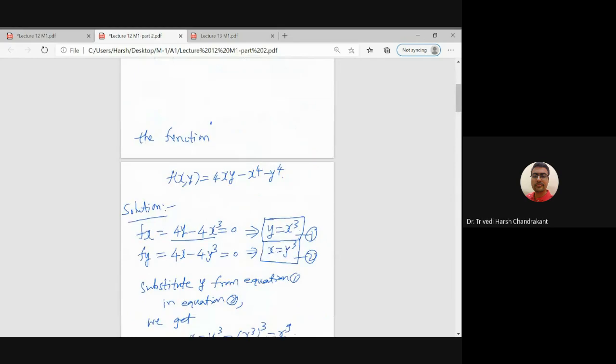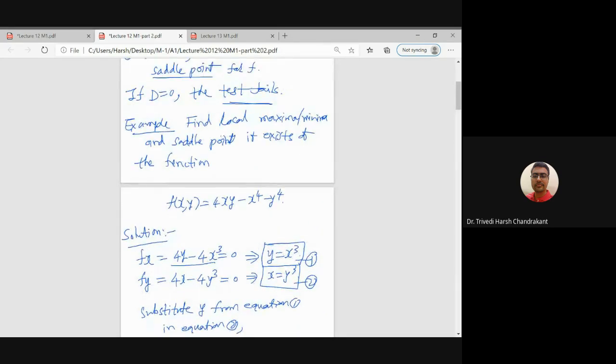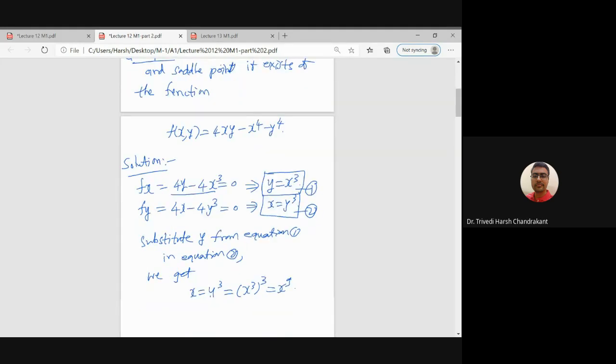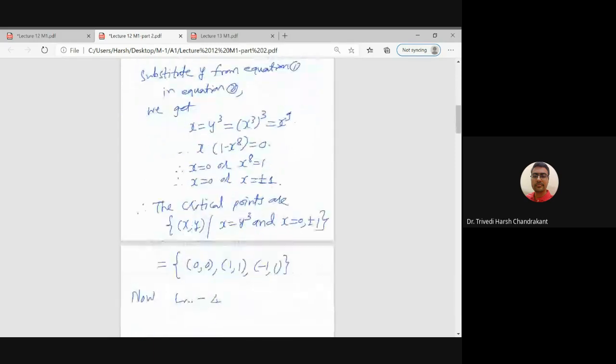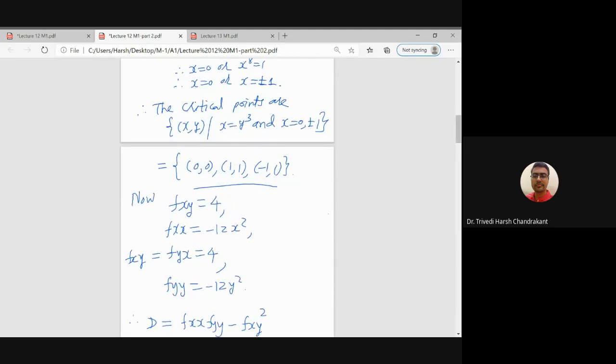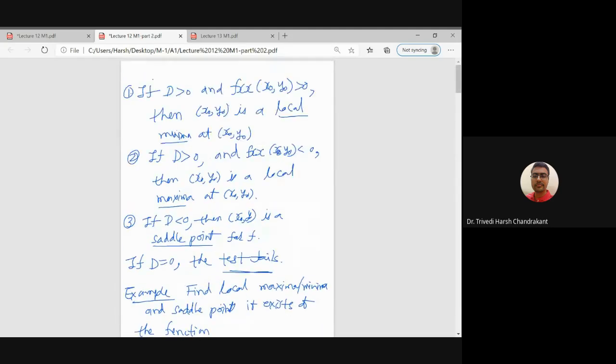After that, we discussed one example of local maximum minima for the function 4xy minus x power 4 minus y power 4. First we found the critical points, which turn out to be these 3 points. At these 3 points, we want to find the discriminant and fxx.